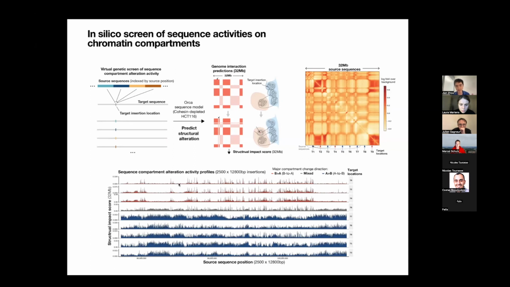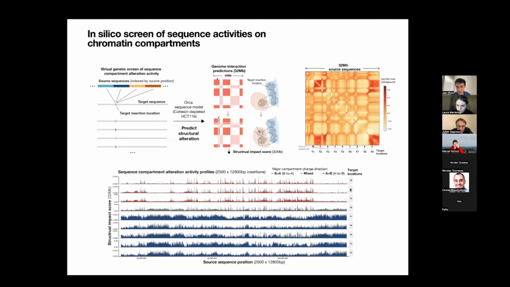The different x-axis positions are different source sequence locations. This can be considered as source sequences that have activity to change the 3D genome. We can see that the target locations are grouped into mainly 2 groups, corresponding to A compartment locations and B compartment locations.